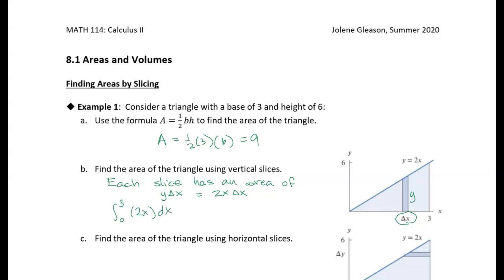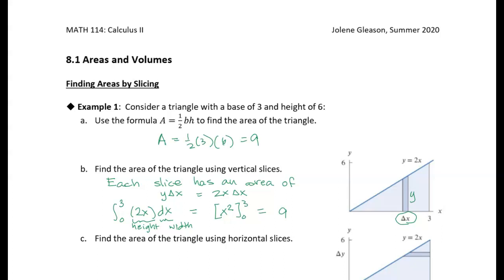You can think of 2x as the height, and dx represents the width of each of the little slices. The integral is just x squared, and we want to evaluate that from 0 to 3. When we put those values in, we get 9, which matches what we were expecting.